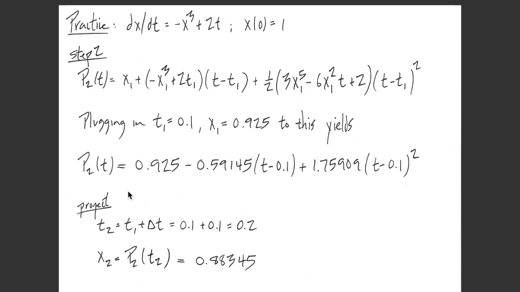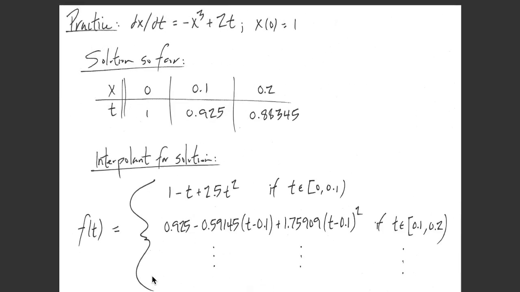And then to project forward, first increment your t value by adding delta t to it. So we now get 0.2, and then plug that t value into the second degree Taylor polynomial that we just came up with. When you do that, you get 0.88345.